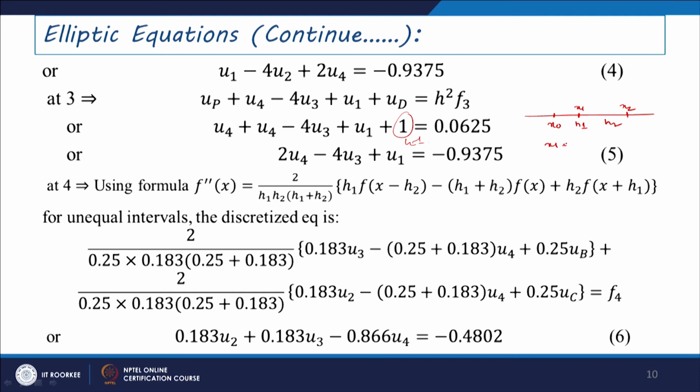So x1 can be written as x0 plus h1, and x2 can be written as x0 plus h1 plus h2.